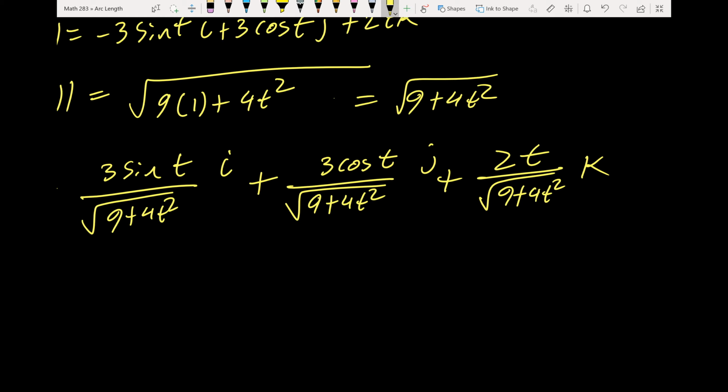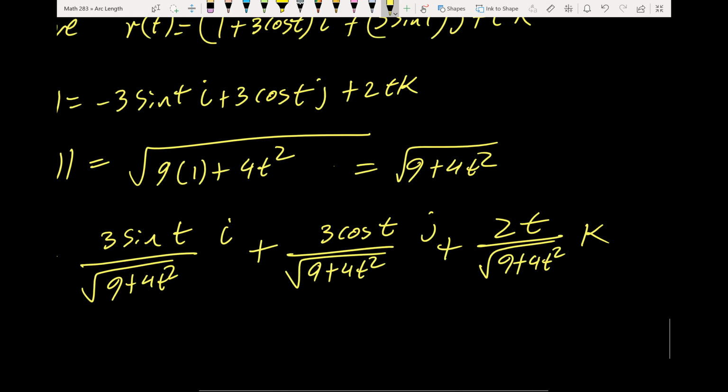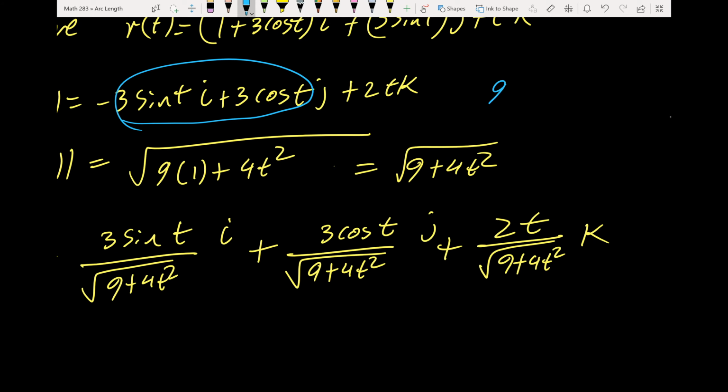Okay. Yeah. When we square, so 3 or 9. Are you talking about this part over here? Yeah, so that when we square it and we add it, you get a 9 sine square of t plus 9 cosine square of t, right? You factor it out, you get sine square of t plus cosine square of t, which is just 1.